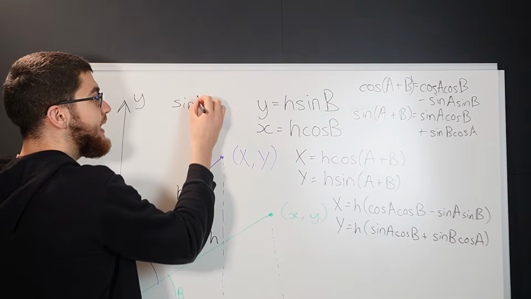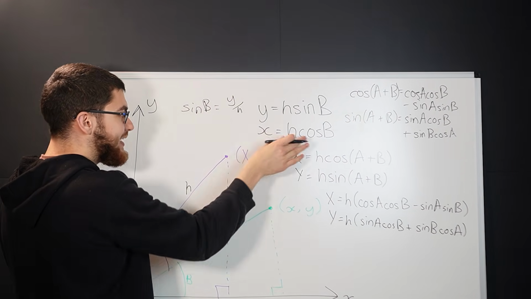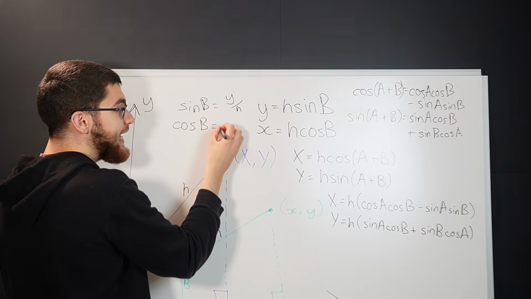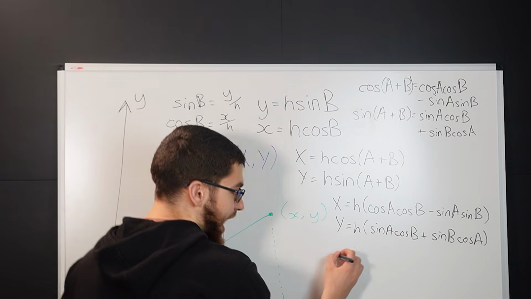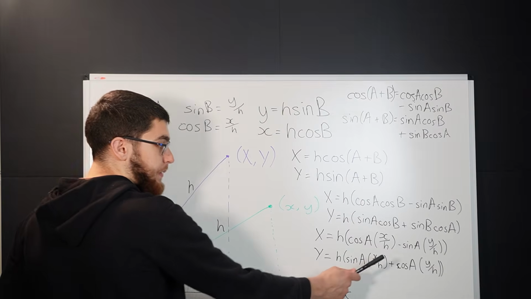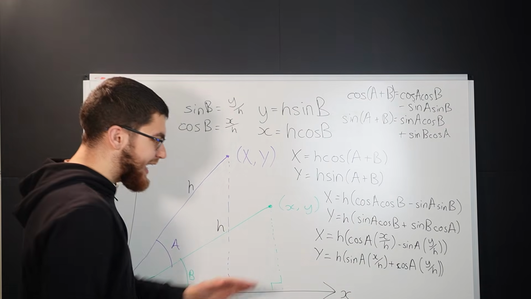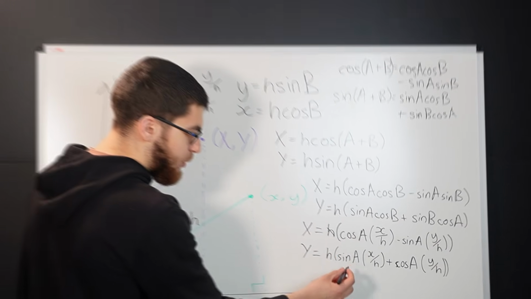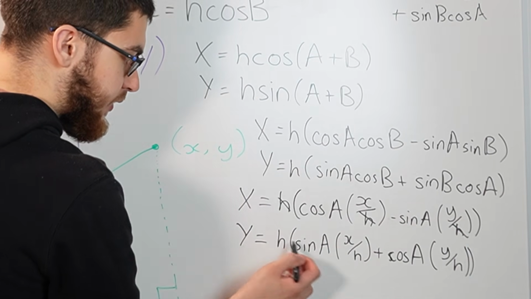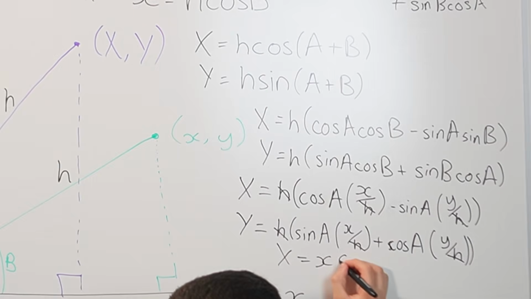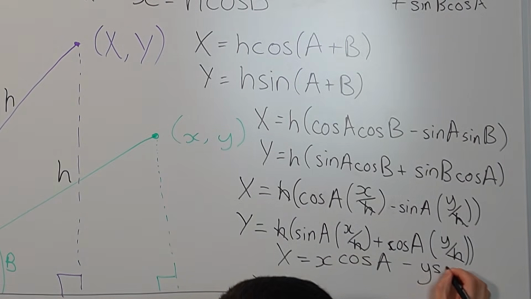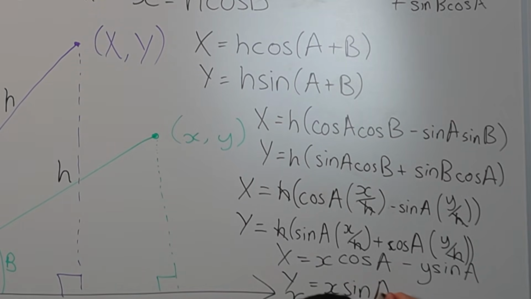We get sine B equals Y over H, and cosine B equals X over H. So we can replace the sine B and the cosine B by Y over H and X over H. Now you can see that these H's, which are multiplied out, get cancelled out by the denominators, and we get capital X equals X cosine A minus Y sine A, and capital Y equals X sine A plus Y cosine A.